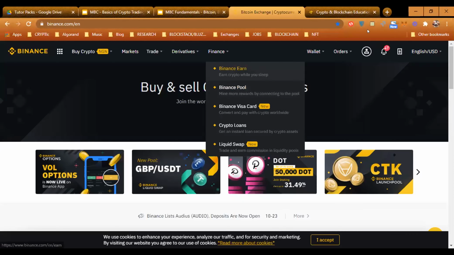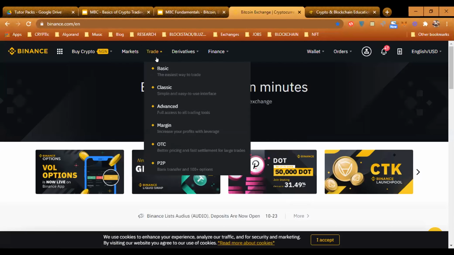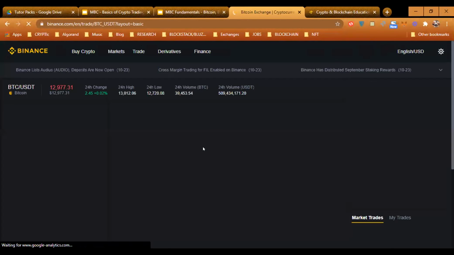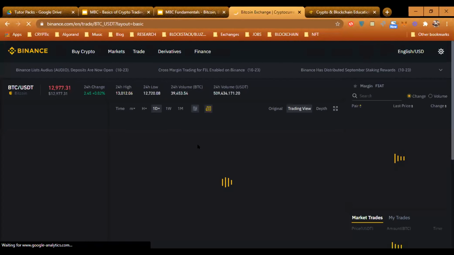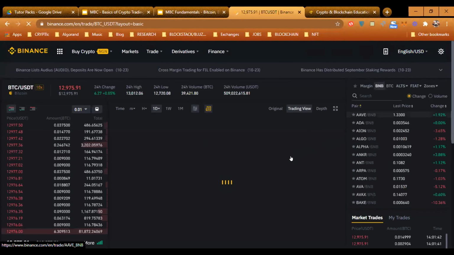Let me share. If you are on your desktop, you just come to Trade and then come to Classic. Then let me show you how it looks on mobile.